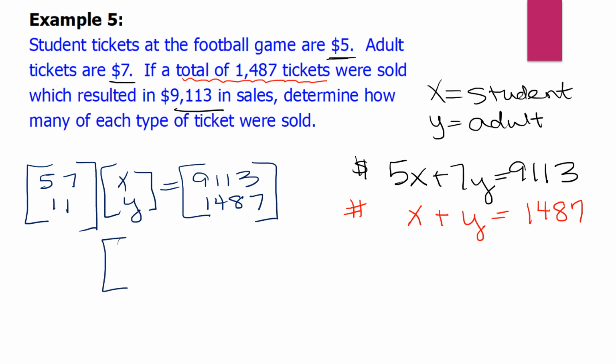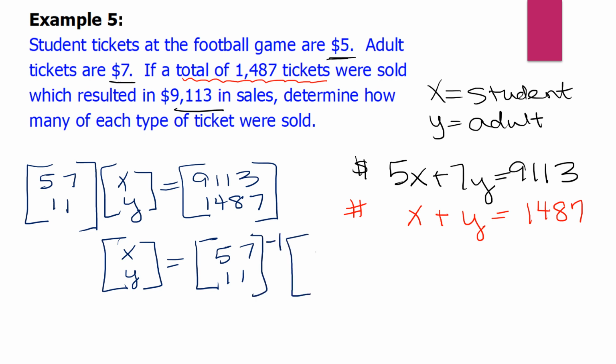Okay, so to solve for x and y, the number of student tickets and the number of adult tickets, we need to take our coefficient matrix 5, 7, 1, 1, determine its inverse, and then multiply that by the constant matrix.